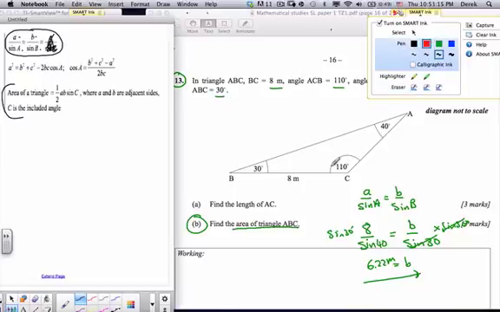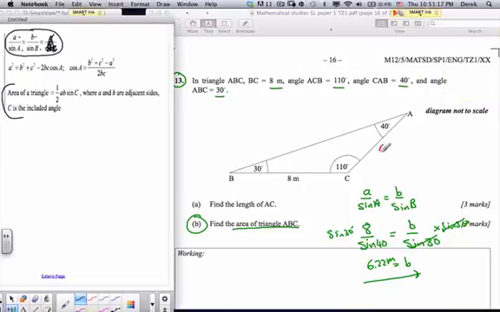So in this over here now, we know that this is 6.22 meters. Now in using this area rule, it's always the two sides and the included angle that we would use. So we've got this side, and we've got this side over here. These are the two adjacent sides, and the angle that it makes up. Those are the three that we use.